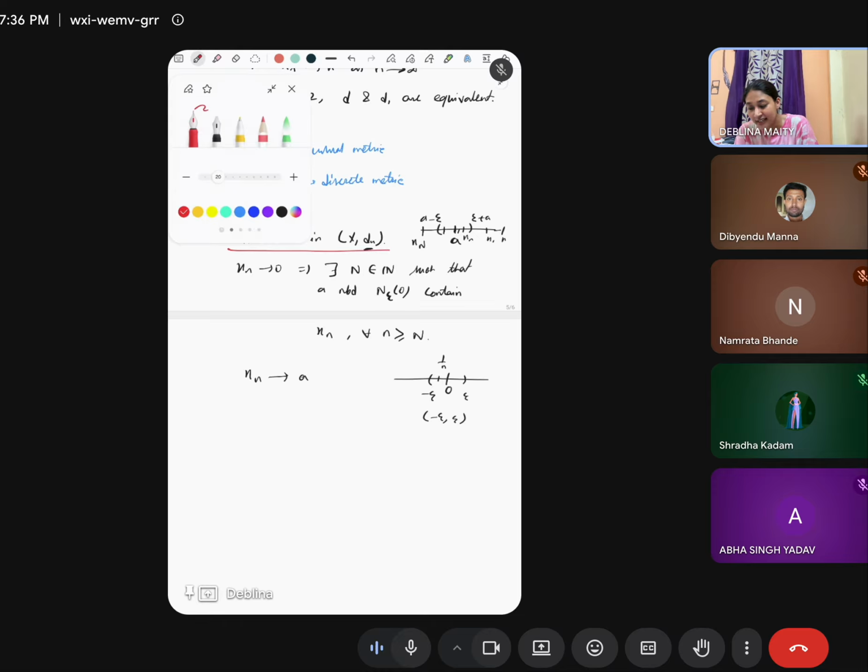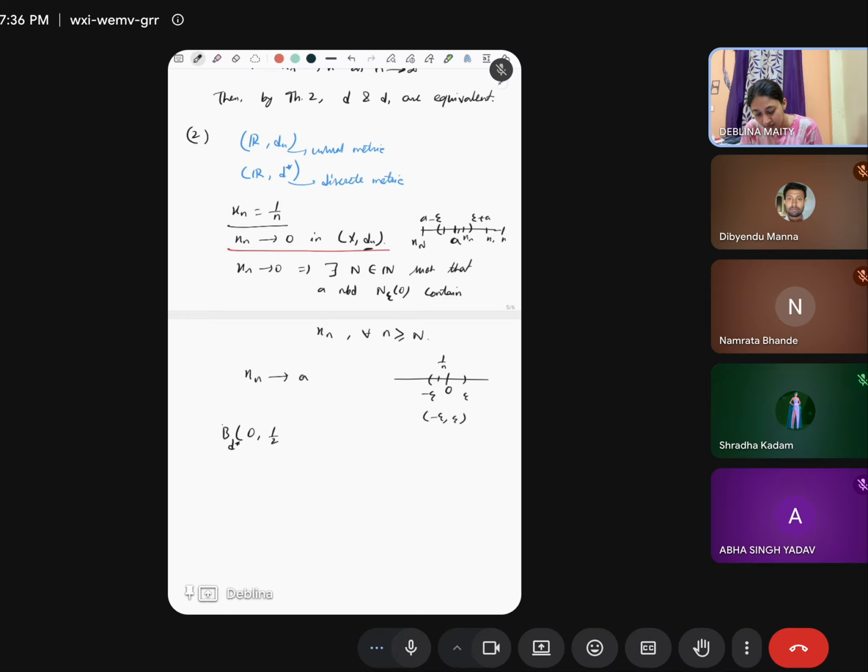But we'll see that xn does not converge to 0 in the discrete metric. Why? Take any open ball around 0, suppose B d star of 0 with radius half.